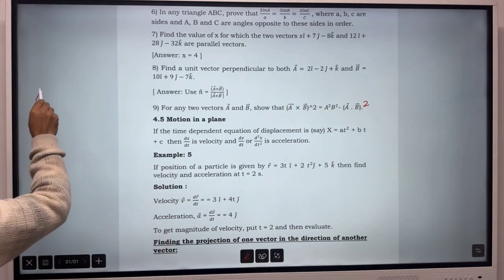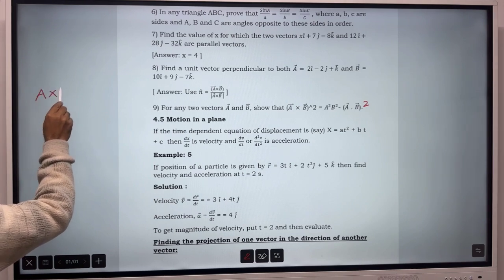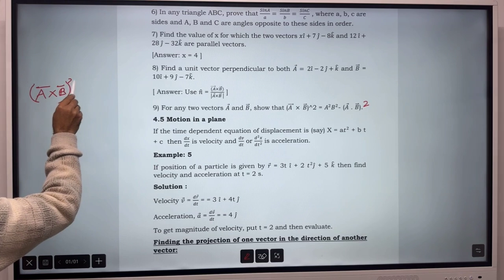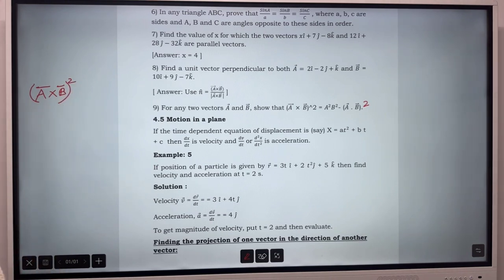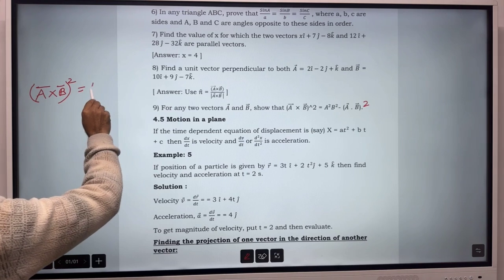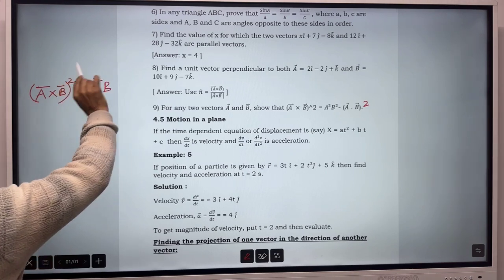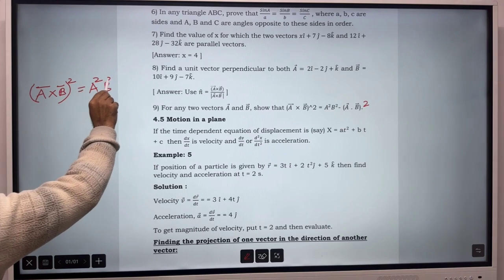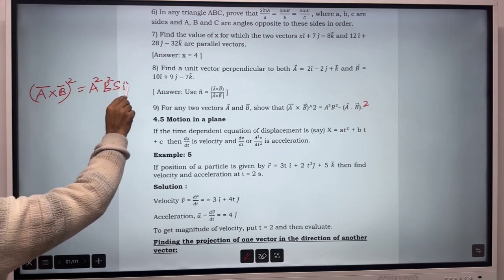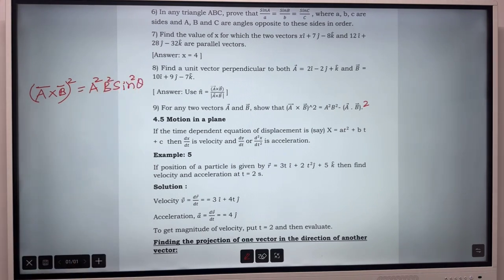So A cross B whole square. If you remember, modulus of A cross B equals modulus A modulus B times sin theta. So we can write modulus A square, that is A square. Square of a vector is just a scalar. So B square, and it will become sin square theta.